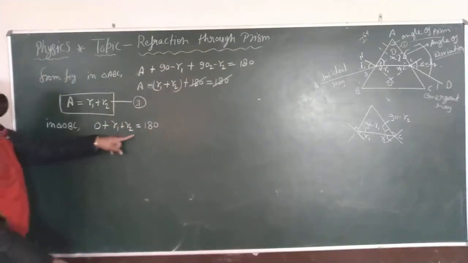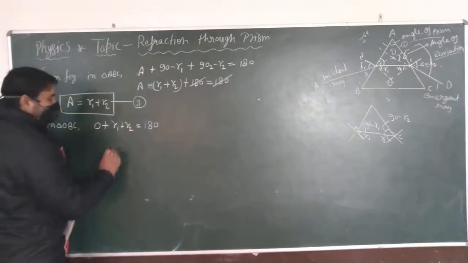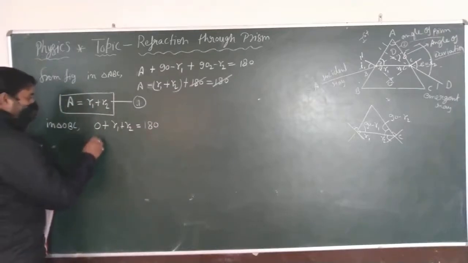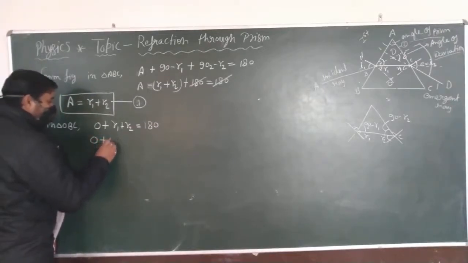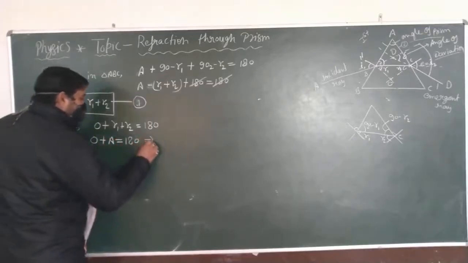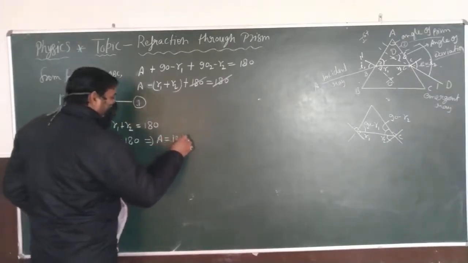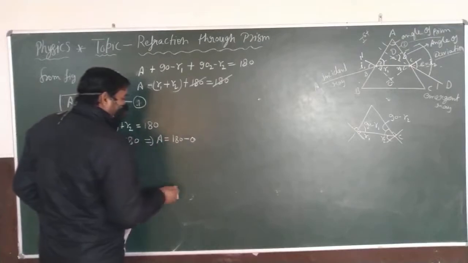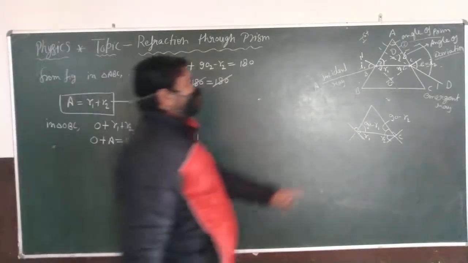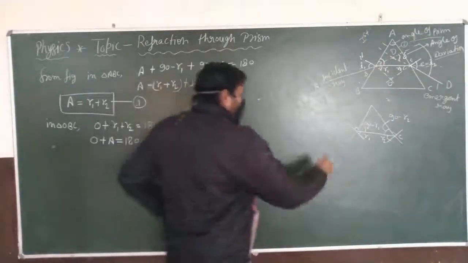And since R1 plus R2 is A, O plus A is equal to 180, and from here you also get angle A is equal to 180 minus O. Okay, clear?